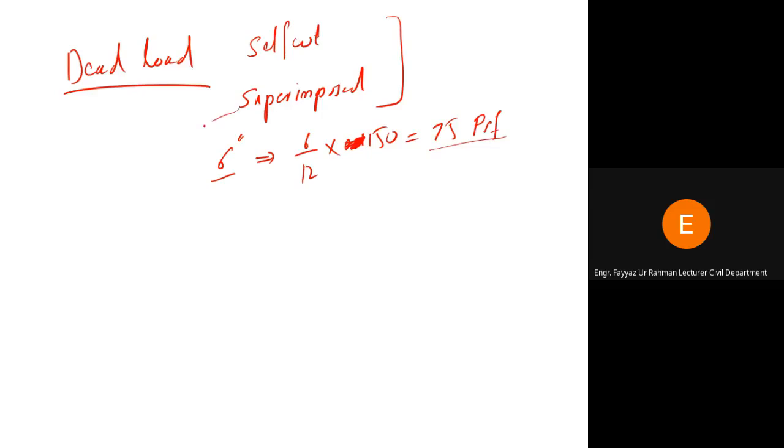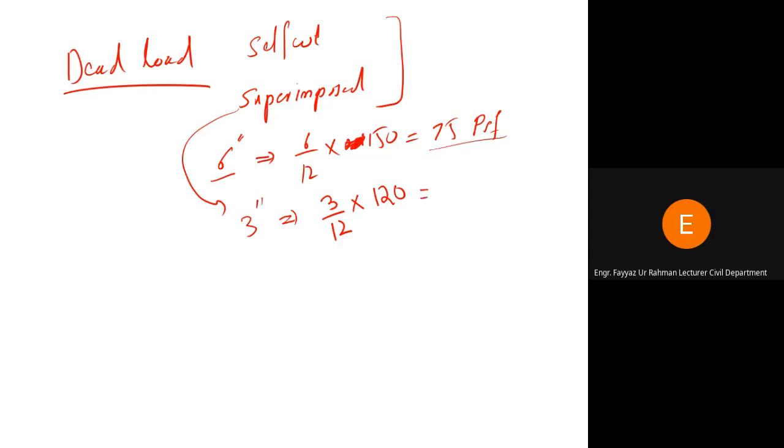Or for example, there is superimposed load. For example, there is tile on a floor. For example, there is 3-inch tile on a floor. So you can calculate this load very easily. The thickness, which is 3 by 12, you convert this into foot and multiply by its unit weight. So for example, the unit weight of tile is 120.